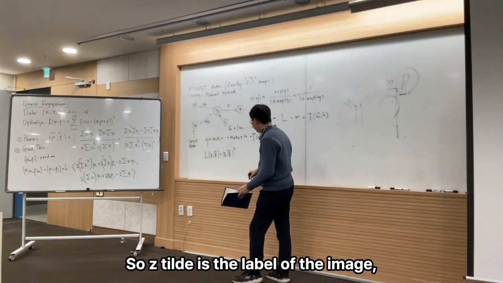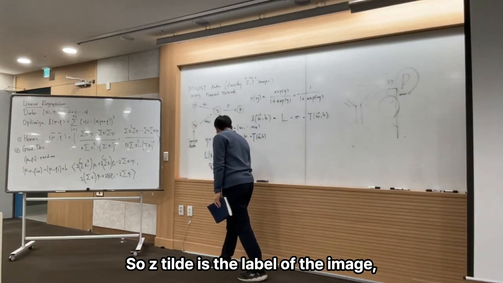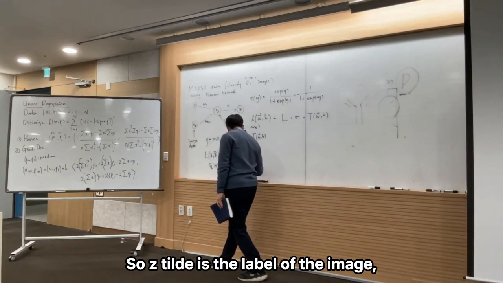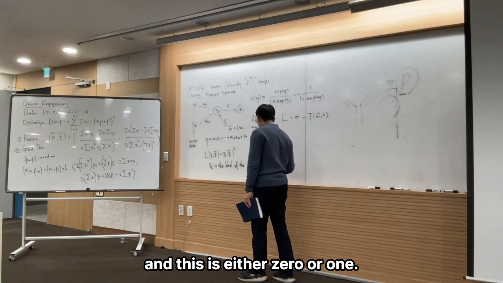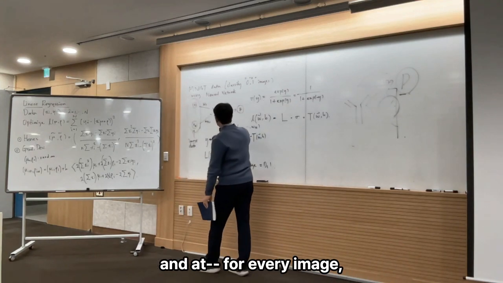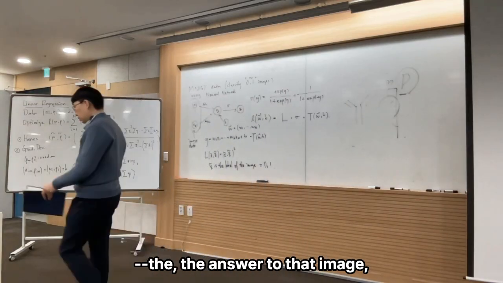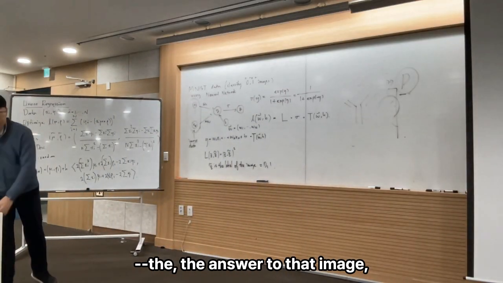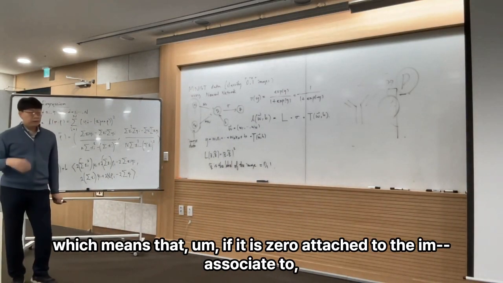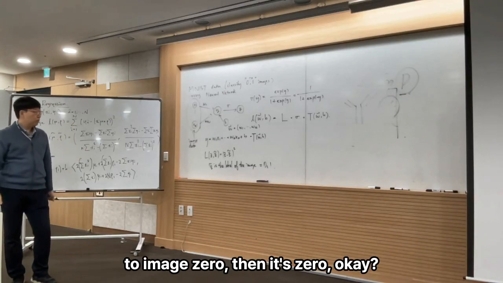Yes, so z tilde is the label of the image, and this is either 0 or 1. So this is an image, and for every image, MNIST data comes with the label, the answer to that image, which means that if it's attached to image 0, then it's 0.